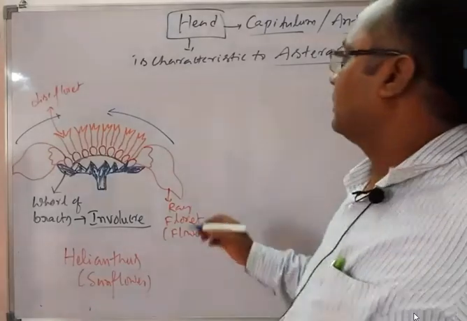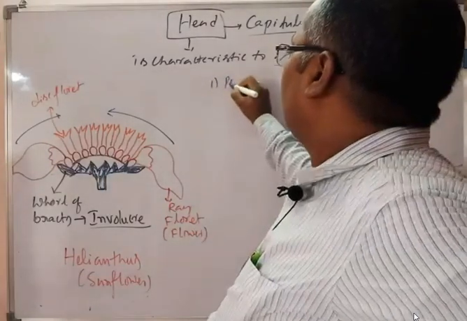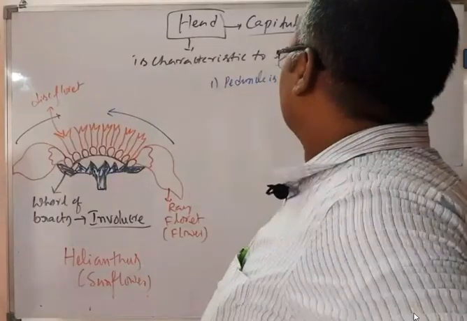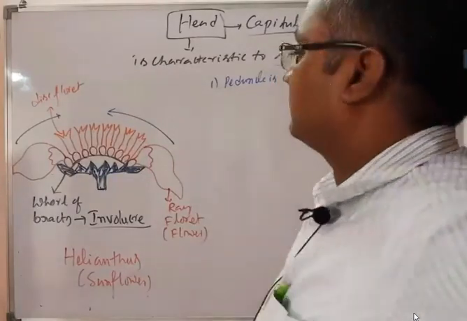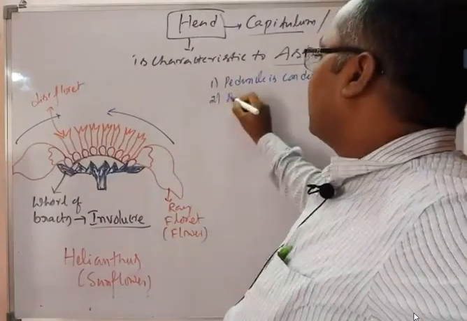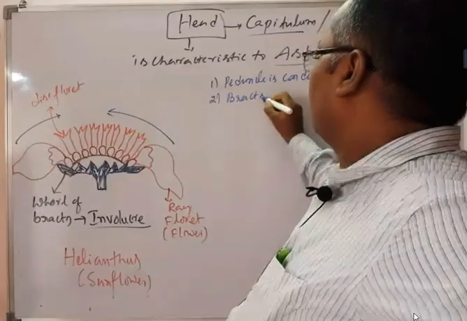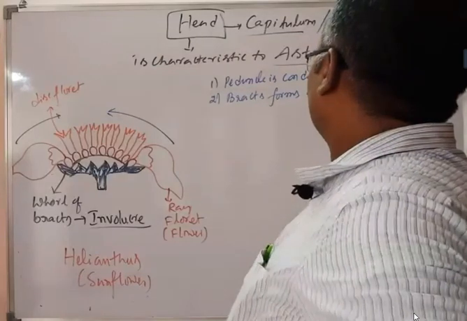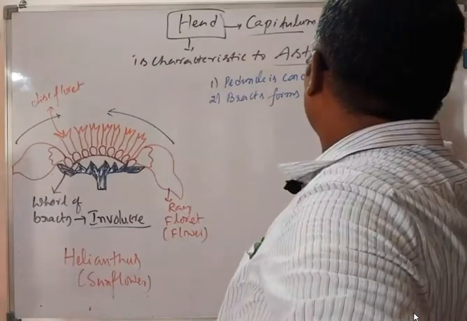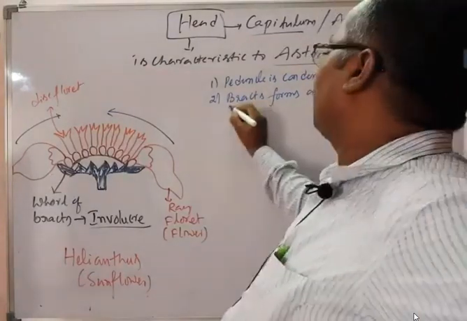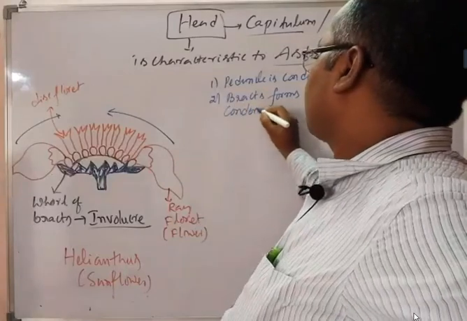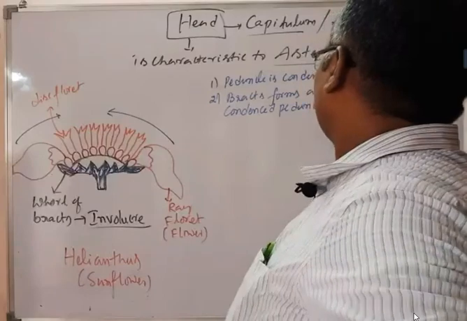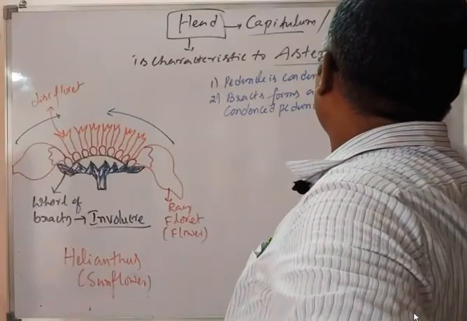So, number one, the peduncle is condensed. Bracts form a whorl around the condensed peduncle, called involucre.